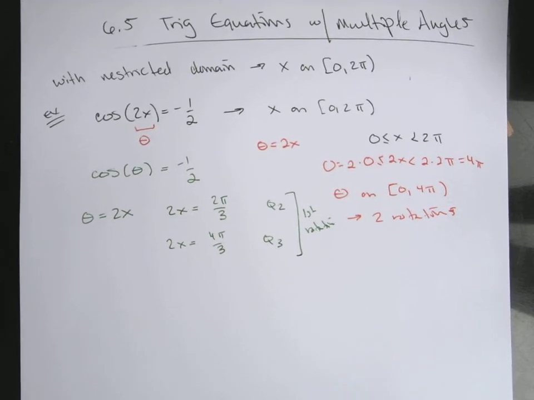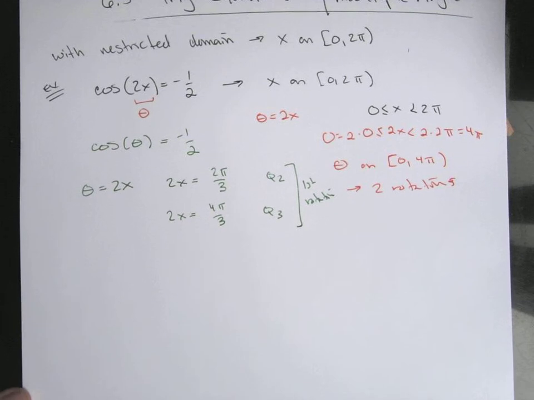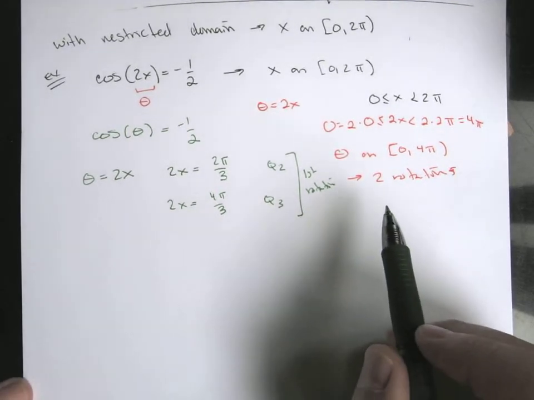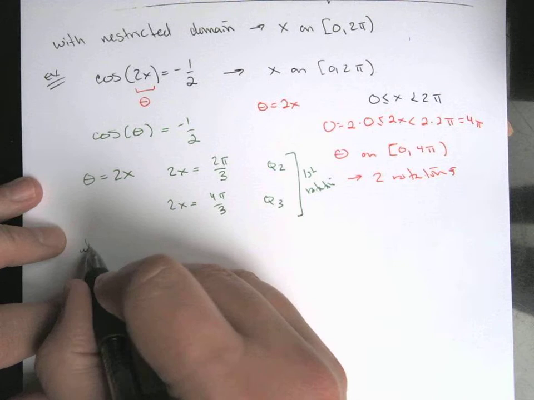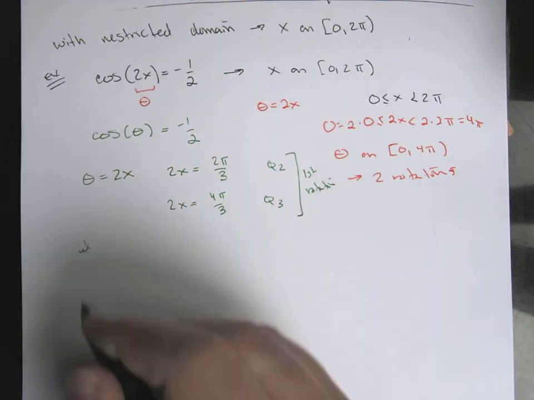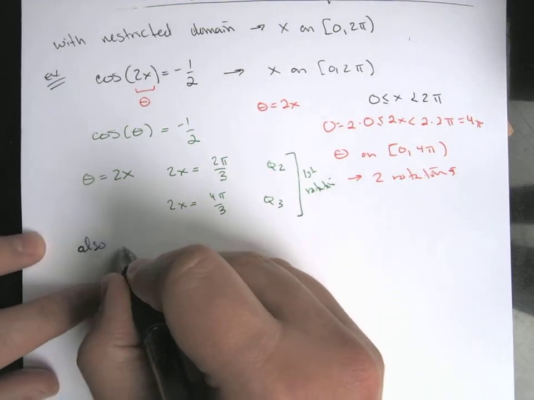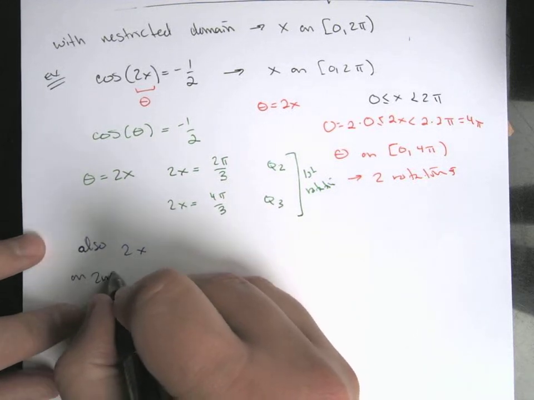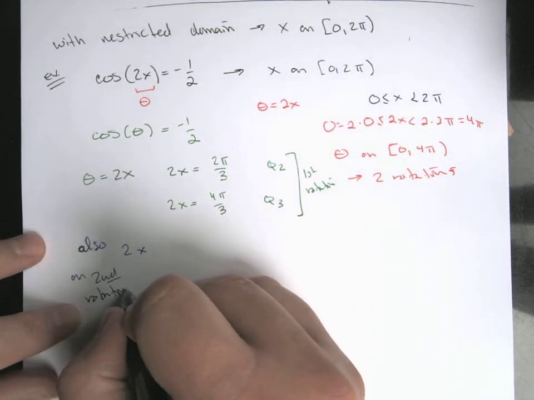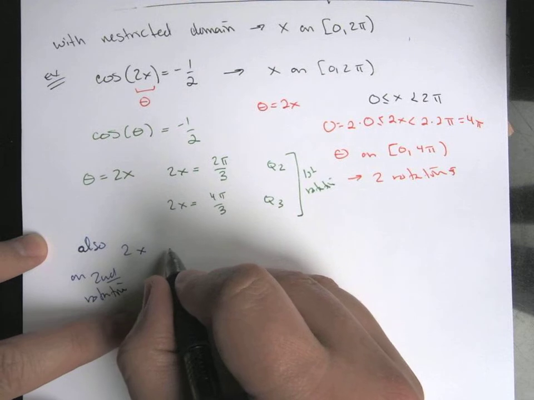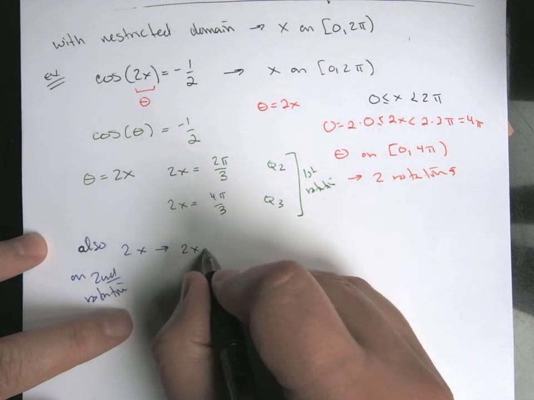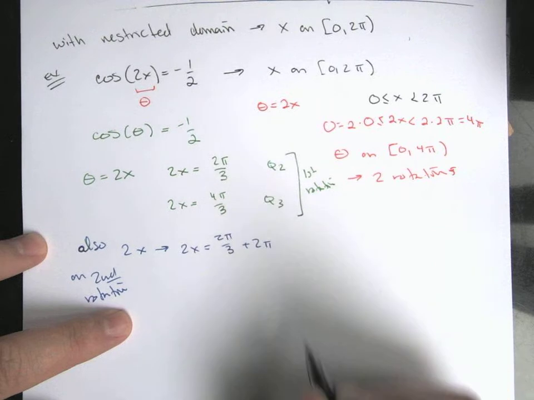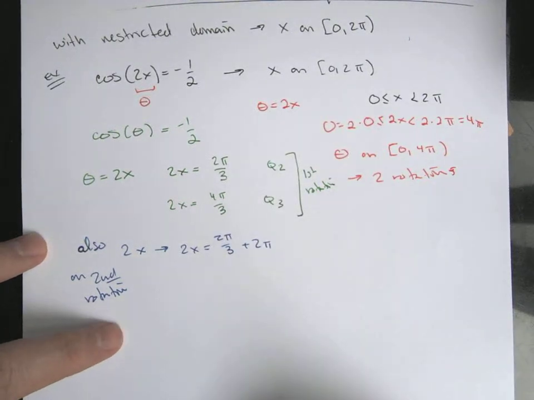So what's happening here is my 2x, 2 times x, goes through 2 rotations. So I also need to include, maybe let's change up my color, 2x on the second rotation. That's going to be the same position, 2 pi over 3, but plus another 2 pi, plus a whole other rotation.